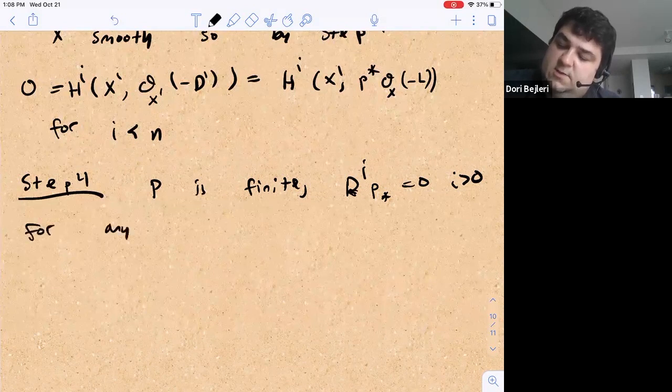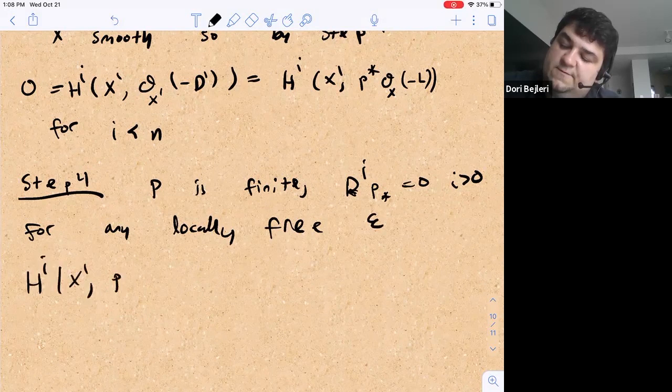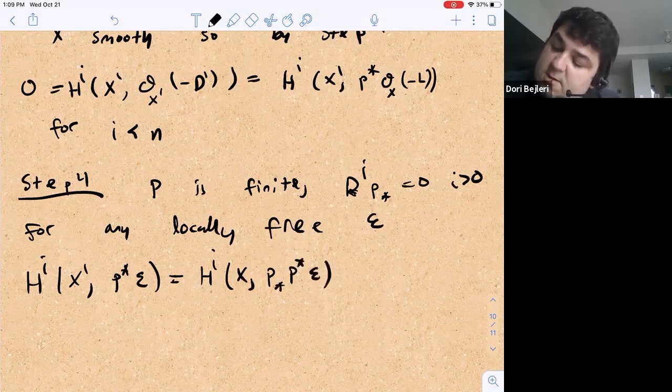So then for any locally free sheaf E, we have that H^i of X prime with coefficients in P upper star E is the same as H^i on X with coefficients in P lower star P upper star E. But now by projection formula, this is the same as H^i of X with coefficients in E tensor P lower star O_X'.